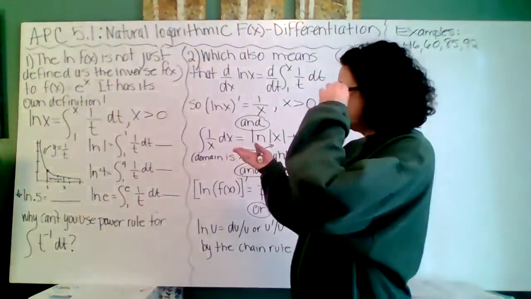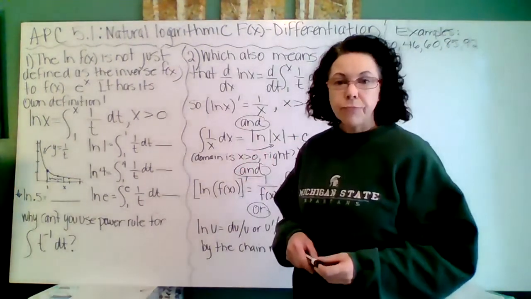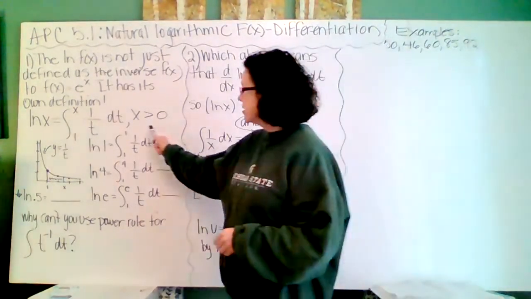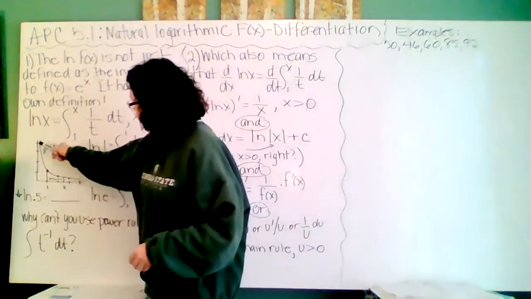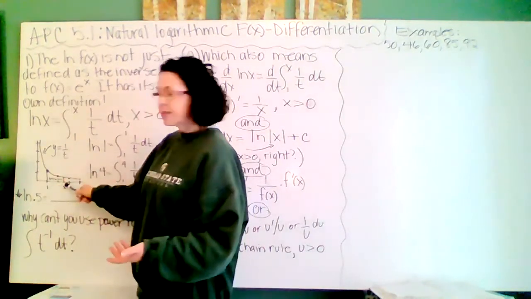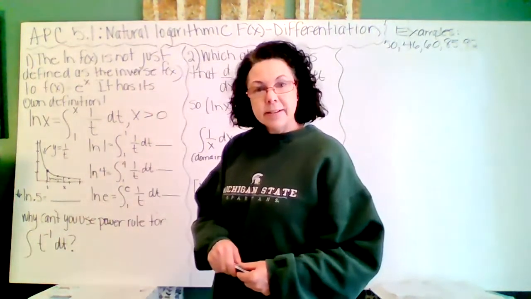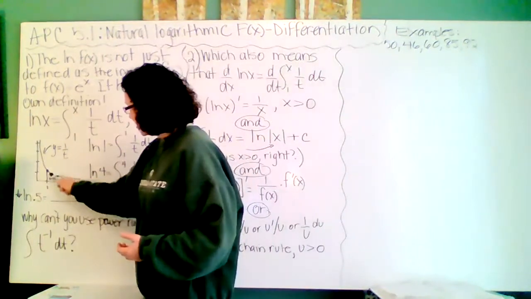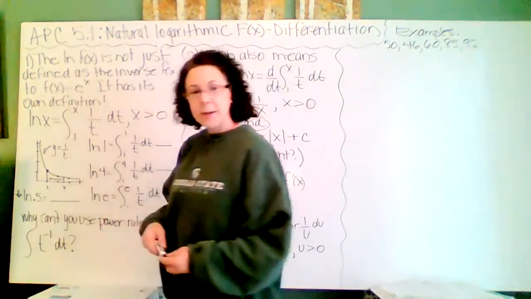So you're going to see this a lot. The natural log function is not defined for x less than or equal to 0, and so we'll always have this as part of our domain. So here's a picture. Here's the function y equals 1 over t, and starting from 1 to just some x I drew here, I colored in the area. It turns out that this is the definition of the natural log function, this area from 1 to some x.